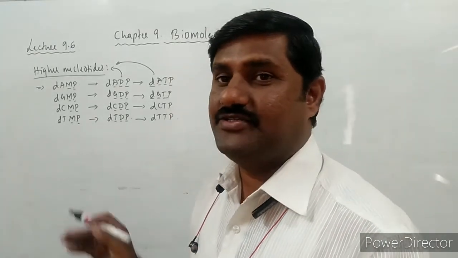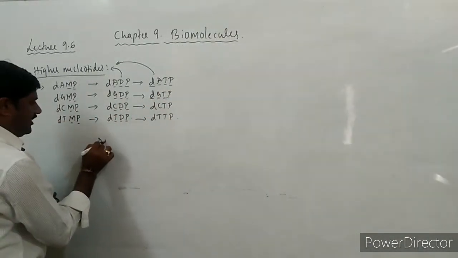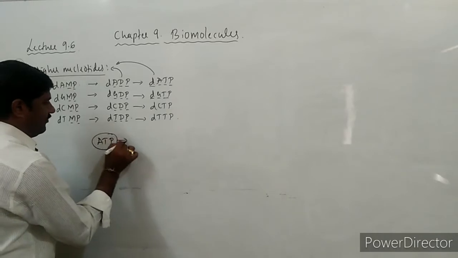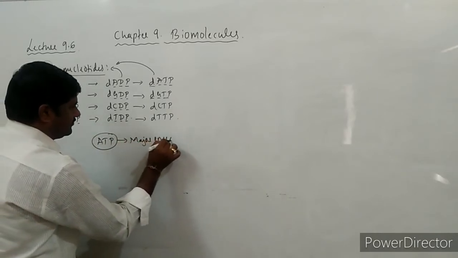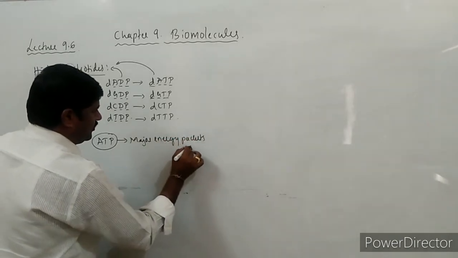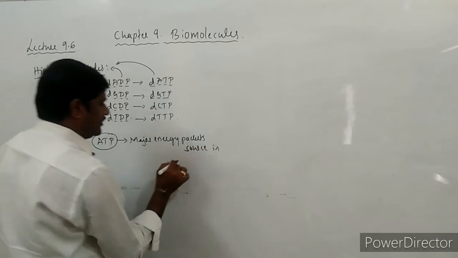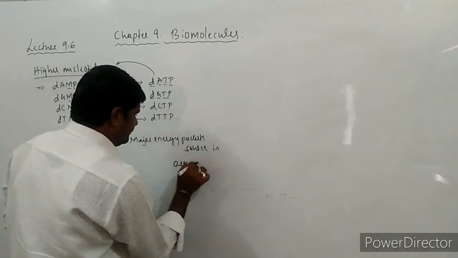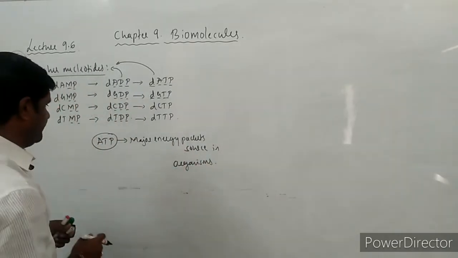These are the energy sources. See here, ATP is the energy source. ATP is the major energy packet or source in organisms, both animals as well as plants.